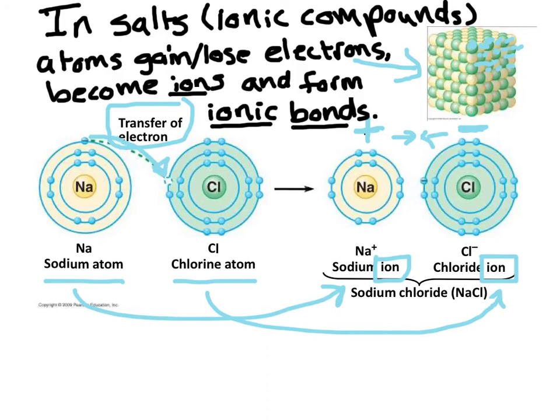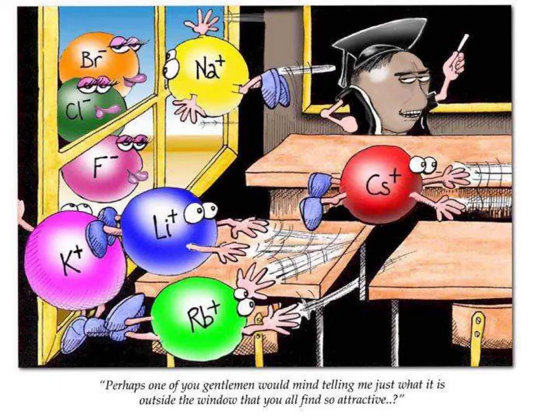So next time you shake a little table salt onto your food, realize you're shaking a salt, that means a long line of sodium ions and chloride ions that are attracted to each other because they have opposite charges, all stacked up inside that salt crystal. And they're held together not because they're sharing electrons, but because the fluorine, chlorine, and bromine ions have stolen electrons from the others, become negatively charged, leaving a bunch of positively charged particles that are attracted to them.